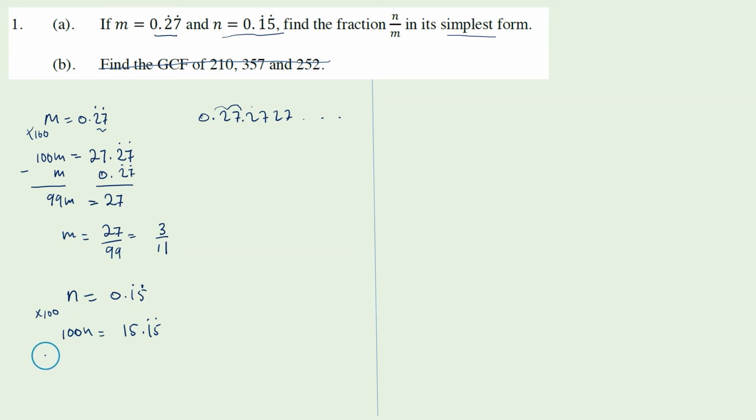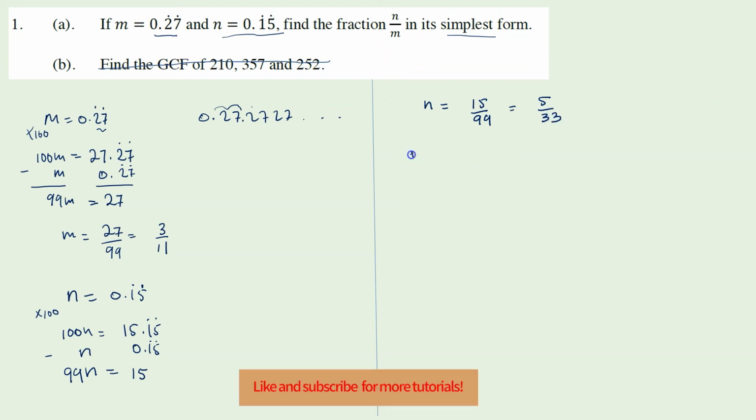So 100n, take away 1n both sides, which is going to be 0.15 on this side. Then what we have is 99n is equal to 15. This means n is equal to 15 over 99, which, if you divide that by 3, is going to give you 5 over 33.